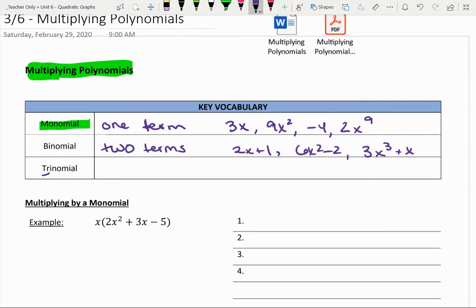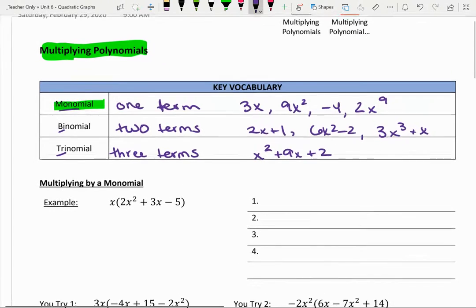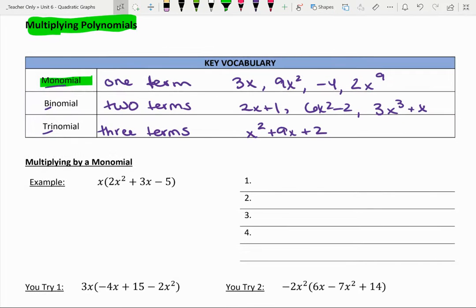And finally, a trinomial, so mono, bi, and trinomial will have three terms. So an example might be something like x squared plus 9x plus 2, just as an example. So moving forward, when we talk about monomial or binomial or trinomial, this is what we're talking about.